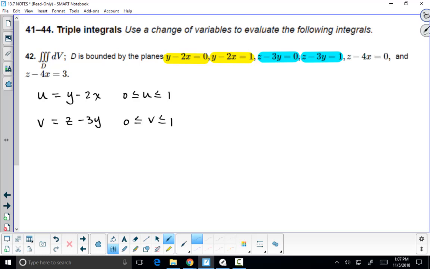Where are you getting the u and v from? From those equations, I see that they have this similarity. We have y minus 2x and y minus 2x, so those are parallel lines, and that's your candidate for u to represent the variable part of the parallel lines.